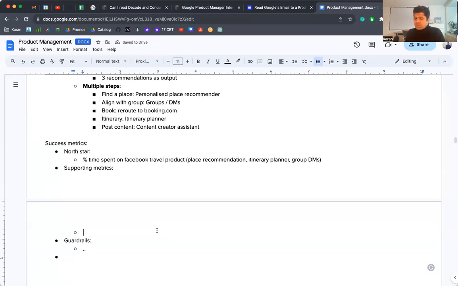Supporting metrics here could be number of groups created for travel purposes, number of itineraries, and here there could be DMs, likes, comments, etc. as potential engagement parameters within the group.